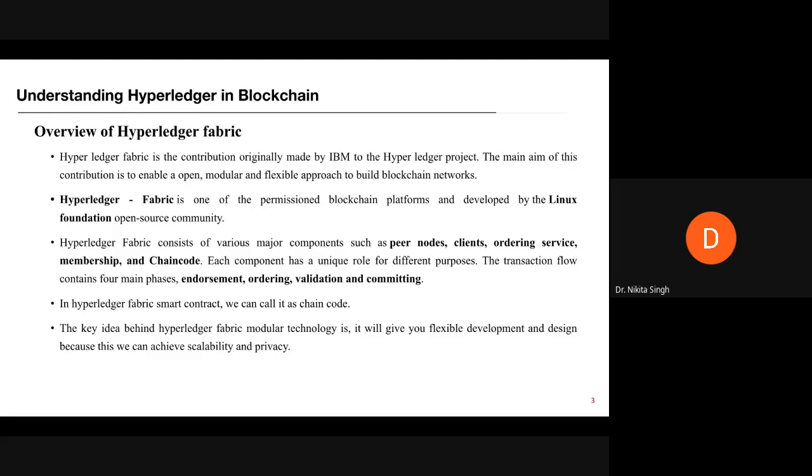So the reason why enterprises could not have a public blockchain system was because they have additional performance requirements. And sometimes you are building an application where you need to know who your participant is. You need to know the identity of your participant.